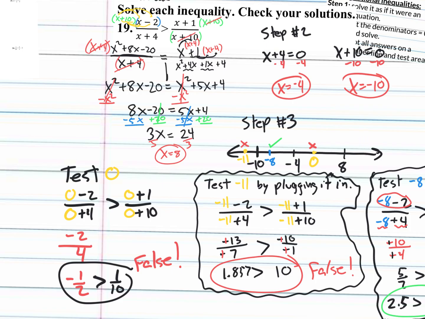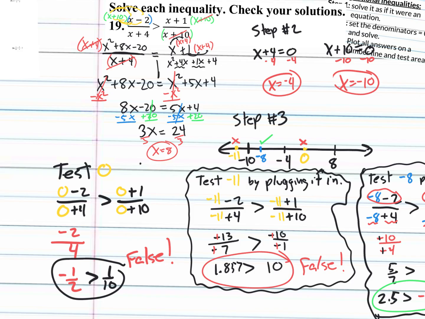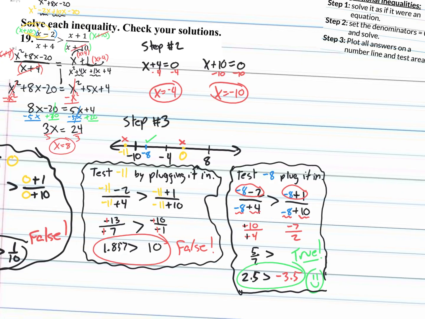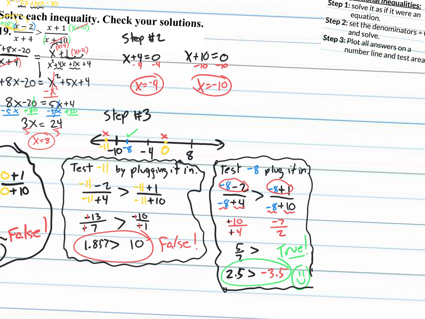Give me a number that's greater than 8. 10, okay? So this was testing 0, which did not work. Now let's test 10. So I want to put a blue 10 right here. I'm going to test 10. I want to write out test, the blue number 10. How? By plugging it in. I'm not going to write that out. But let's plug it in.